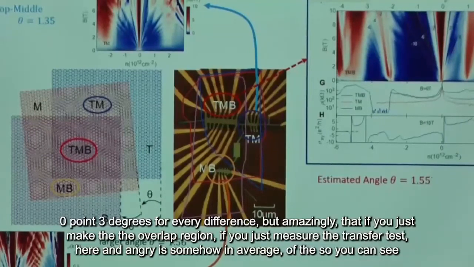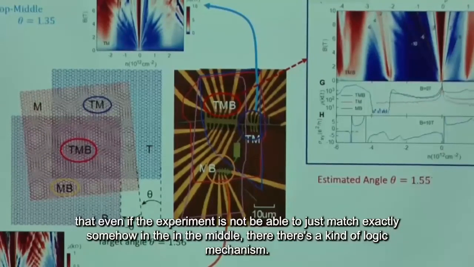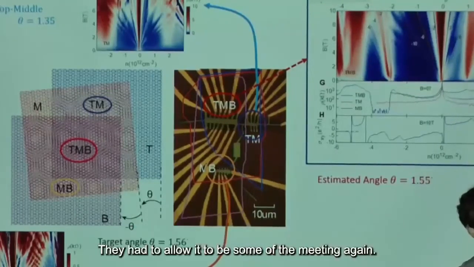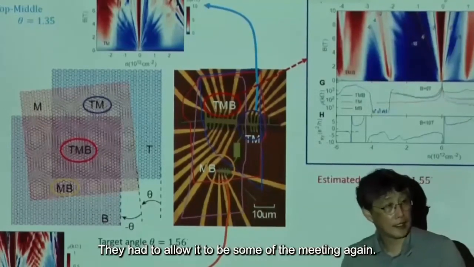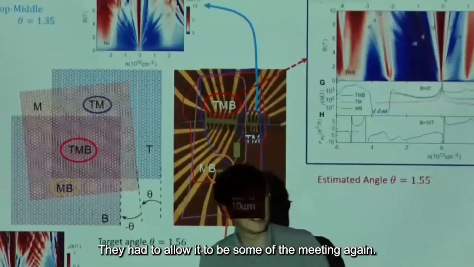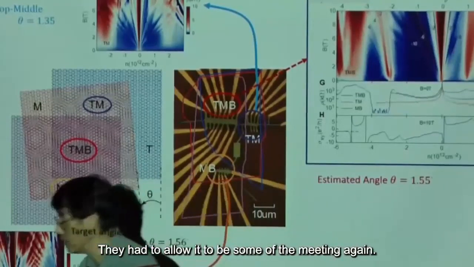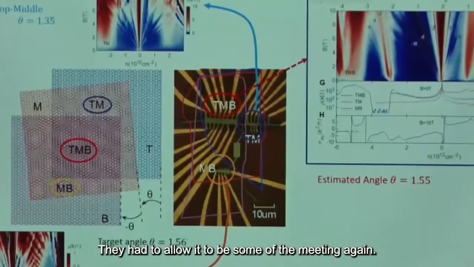So you can see that even if the experimentalist was not able to match exactly, somehow in the middle layer there is a kind of locking mechanism. They tend to align to the average angle. Meaning that again, some sort of lattice interaction, the relaxation, plays a quite important role, which I'm going to discuss in the second lecture.